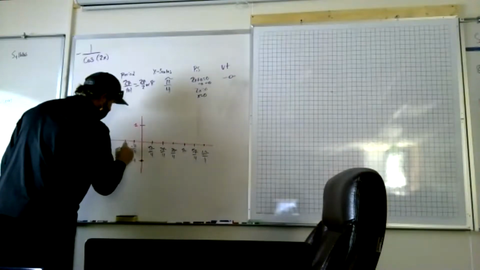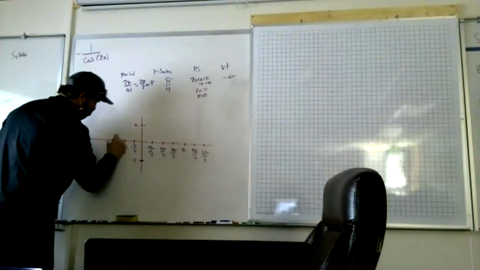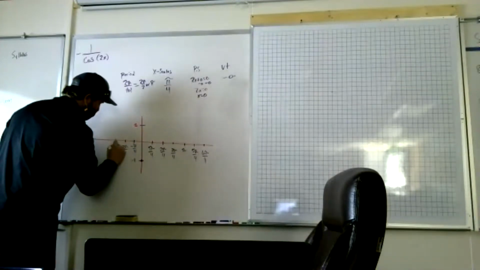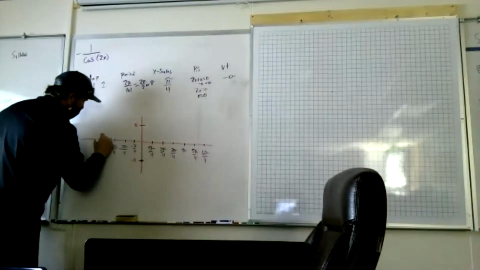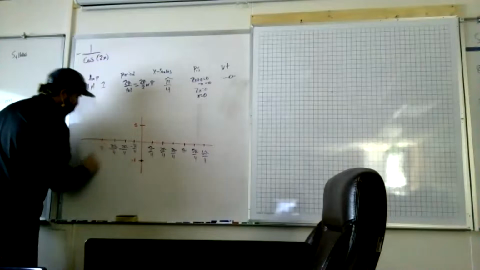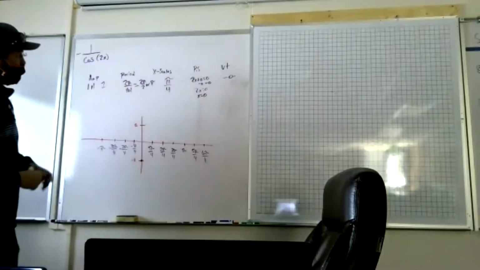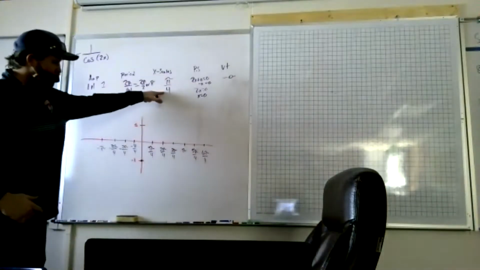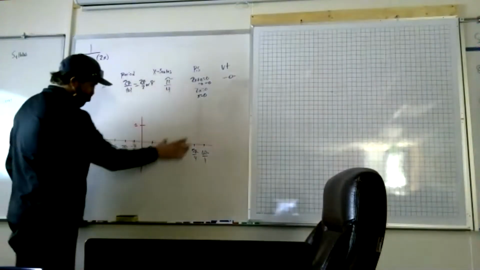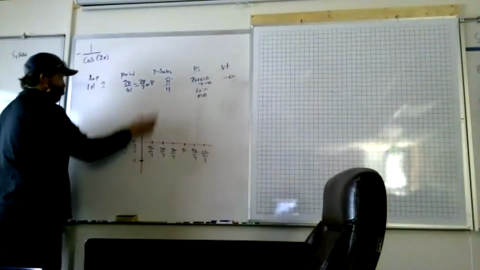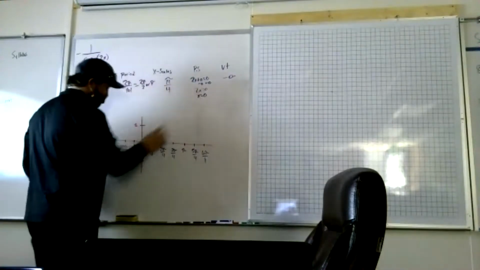Label my other side. I know my scale's a little small. I'm sorry. But what I've done, my x scales were pi fourths, so I just added pi fourths from my origin, from my starting point, because my phase shift was 0.